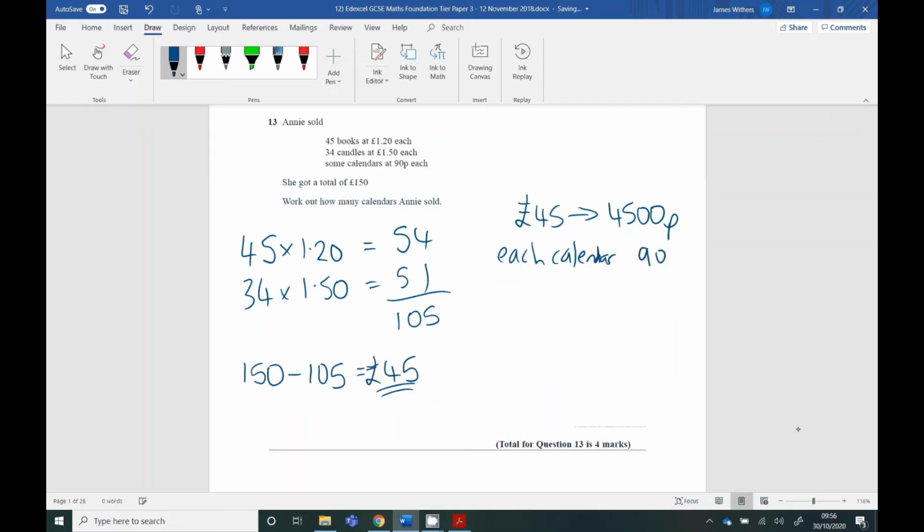So to work out how many calendars I sold, I'm going to do 4,500 divided by 90. 4,500 divided by 90 means that I sold 50 calendars. Now I could have gone down the other route of doing it in terms of pounds, so I could have done £45 divided by £0.90 each. That would also have given me the answer of 50.